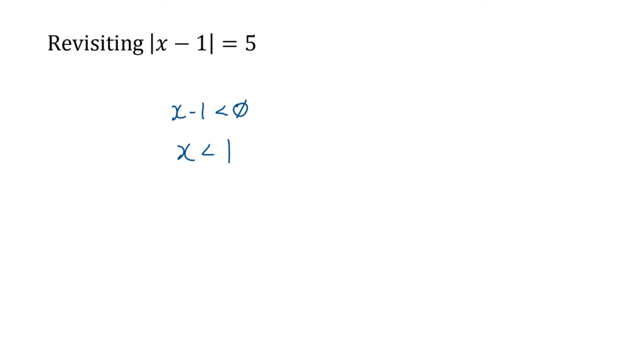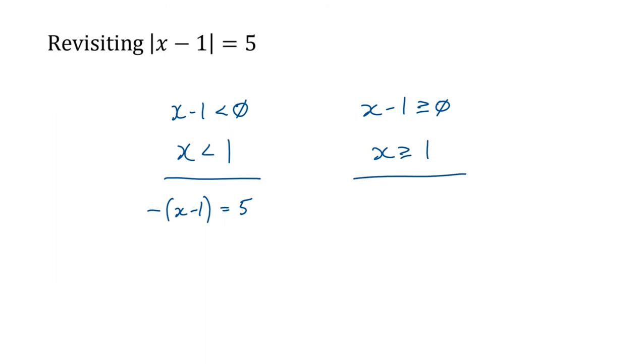I just move the -1 over. I use this, because that's what absolute value means. It means if it's negative, you multiply by -1 to turn it back to a positive. If x minus 1 is greater than or equal to 0, which will occur when x is greater than or equal to 1, I just leave it alone.